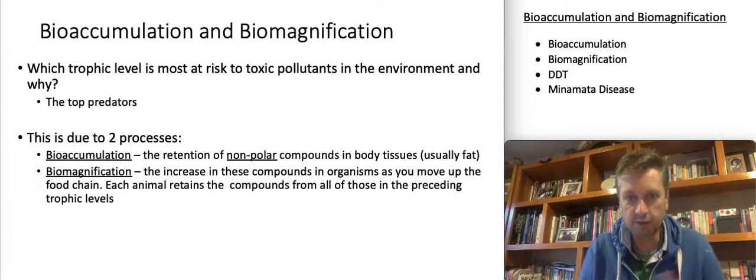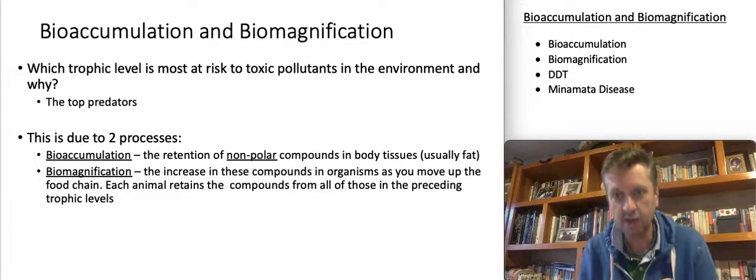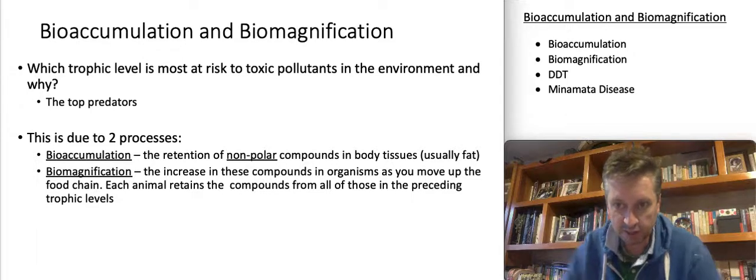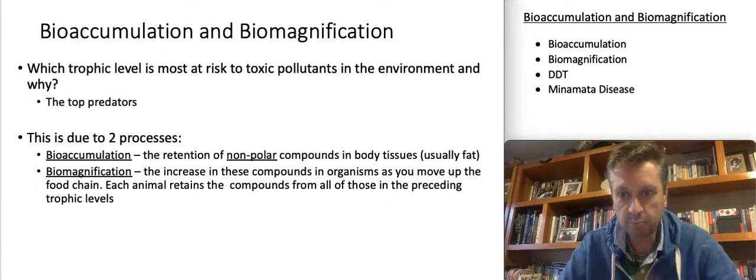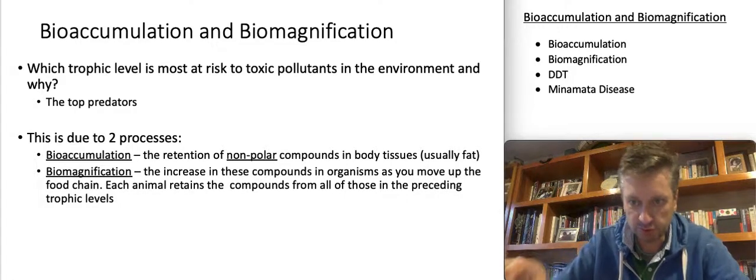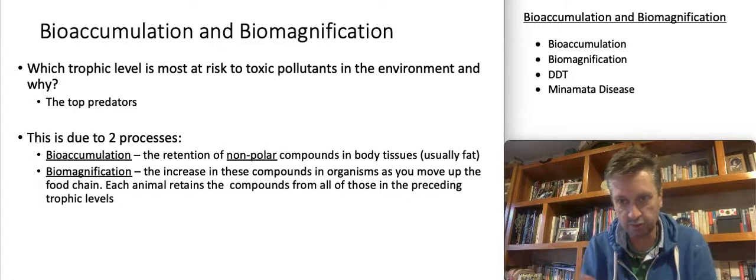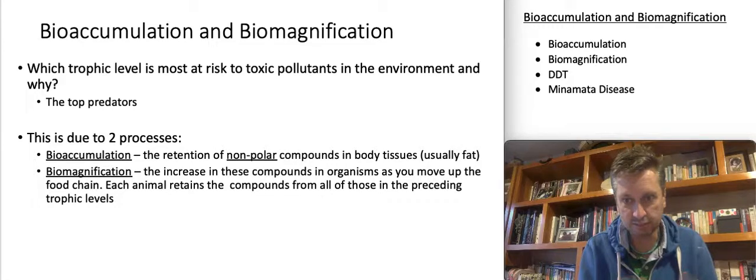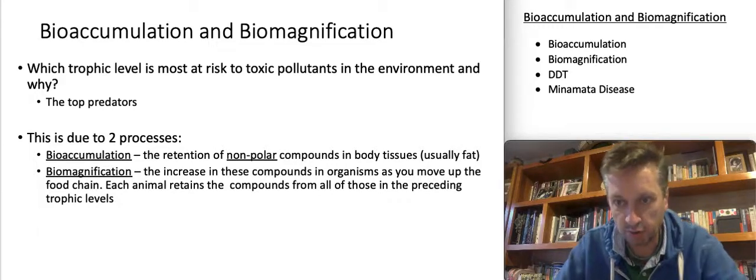Biomagnification is the increase in these compounds moving up the food chain. And that's a result of these things sticking in fat, so that they might be quite high in producers, but even higher in primary consumers, because primary consumers eat a lot of plants, and the amount of non-polar compounds that were stuck in the fats in the plants move into a smaller number of primary consumers.